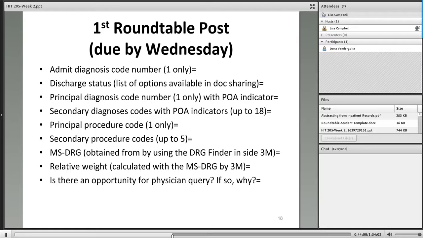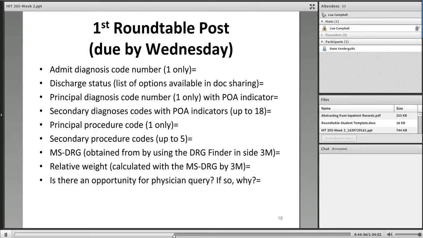The principal diagnosis is the condition that is established after study to be chiefly responsible for occasioning the admission of the patient to the hospital. Doctors just list the diagnoses. They don't typically list them in an order as it relates to coding. So it's up to us to take coding guidelines and apply them.